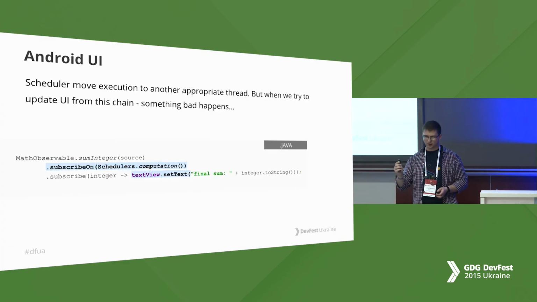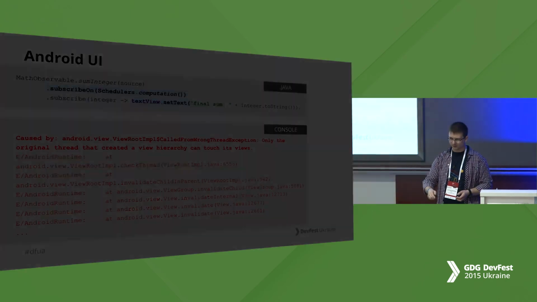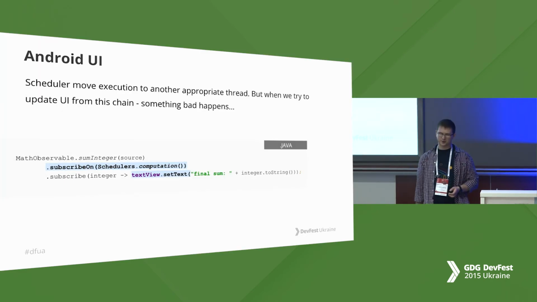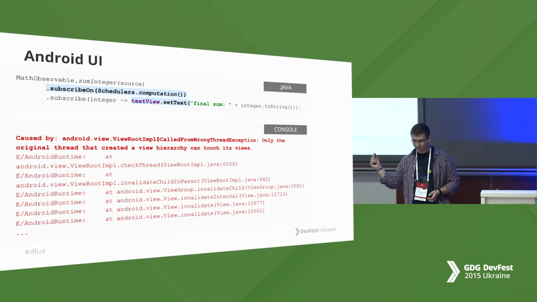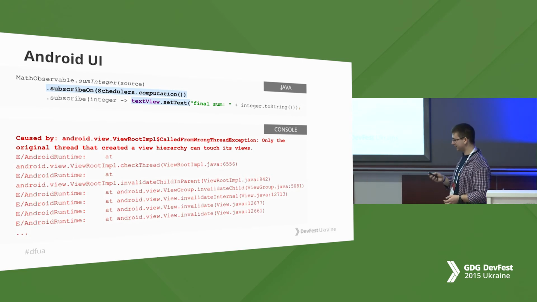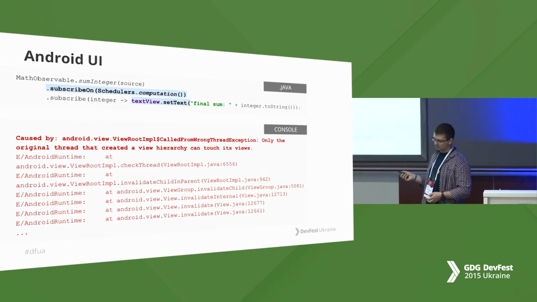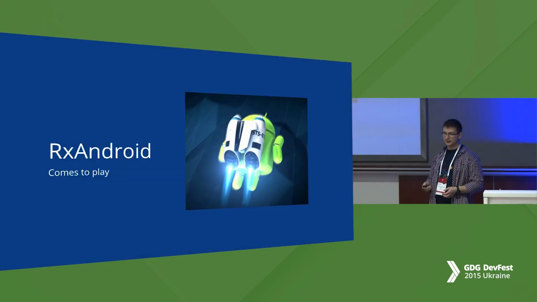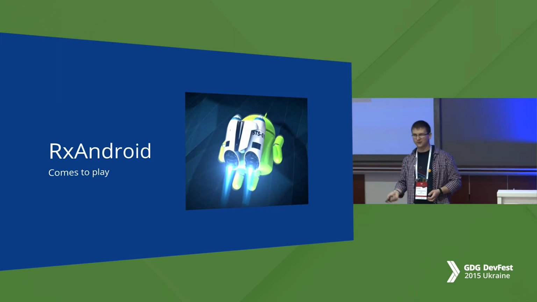Computation. One more. Oh, okay. So we will try to change a value, set text on a TextView, and obtain such an error. Sorry, I will tell about Android a little bit, but yeah, the thread that created the view should only change it. So here comes RxAndroid, our topic.